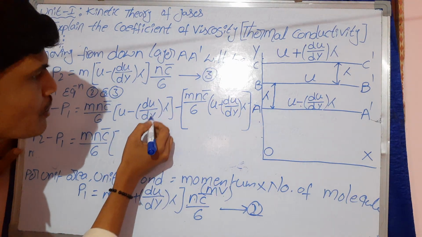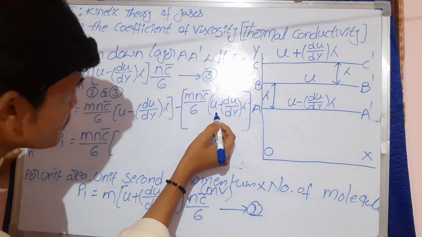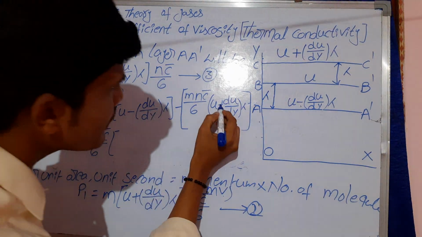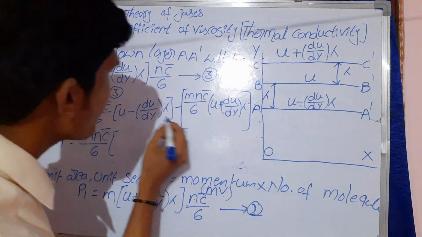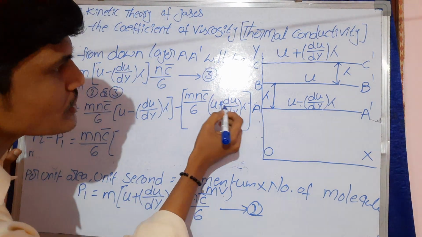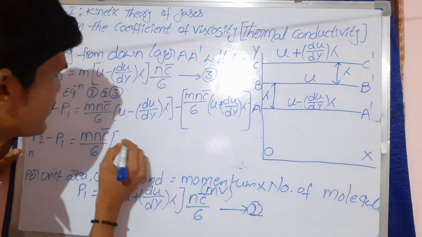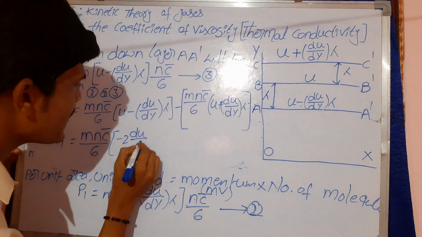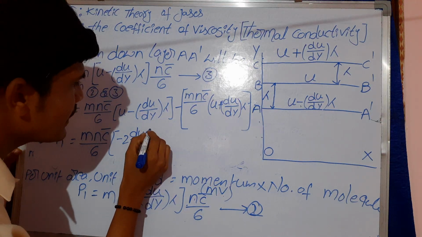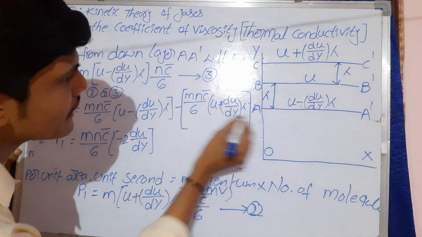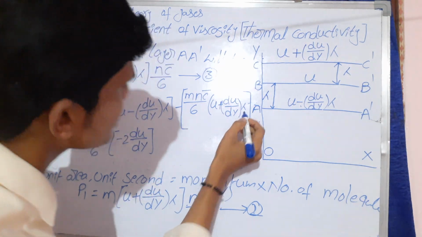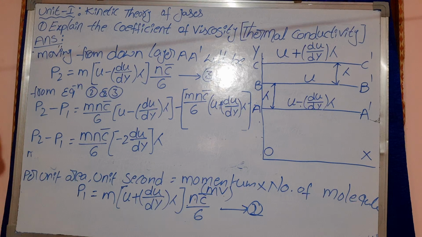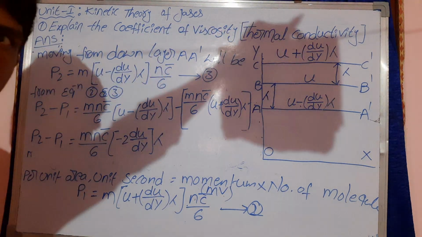So minus du by dy, minus into plus, that means minus du by dy. So minus 2 du by dy into lambda. So this is the lambda into lambda. This is the equation.